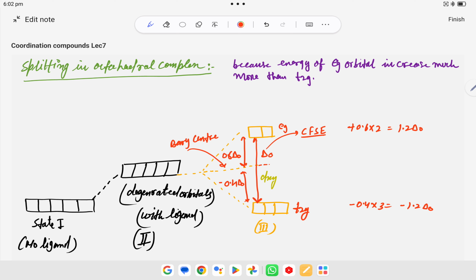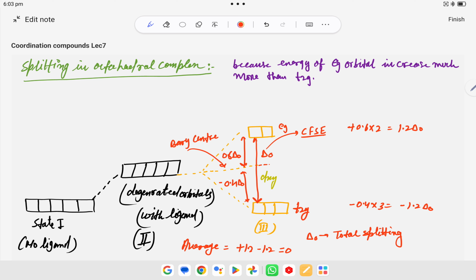So delta naught is your total splitting. So what is the average? Average is plus 1.2 minus 1.2, that is 0. Okay, so that is the diagram.